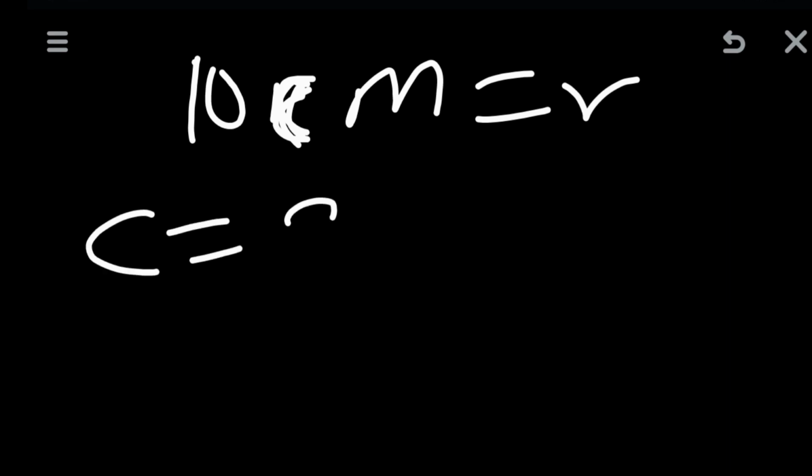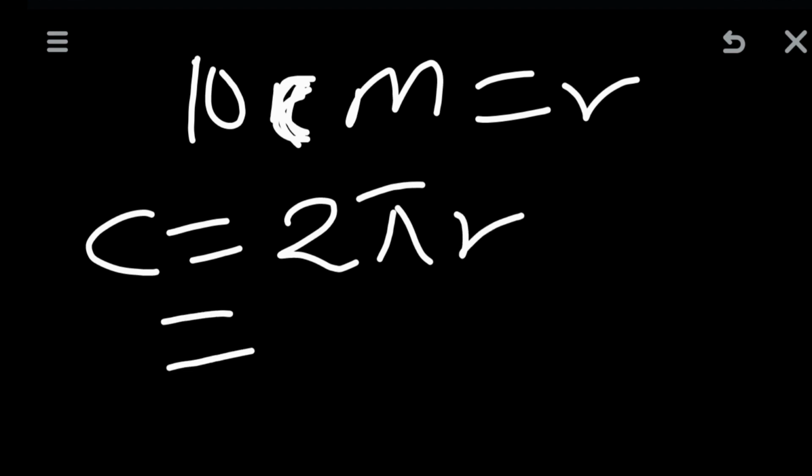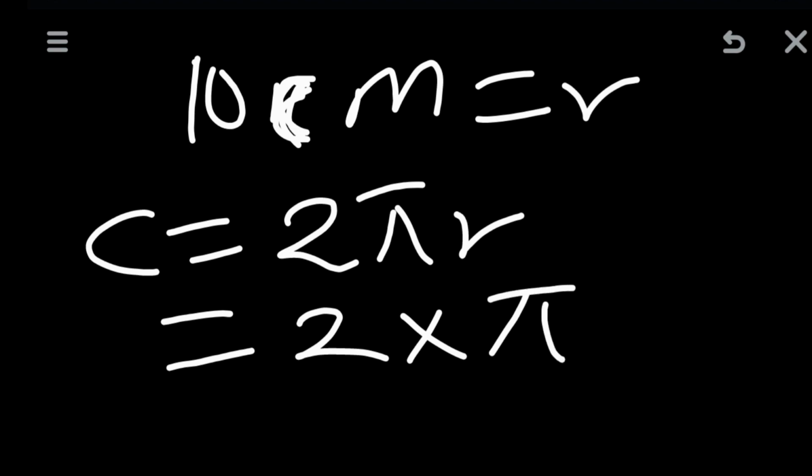Circumference equals 2 pi r. To input this value, we have 2 multiplied by pi, then multiplied by our radius.